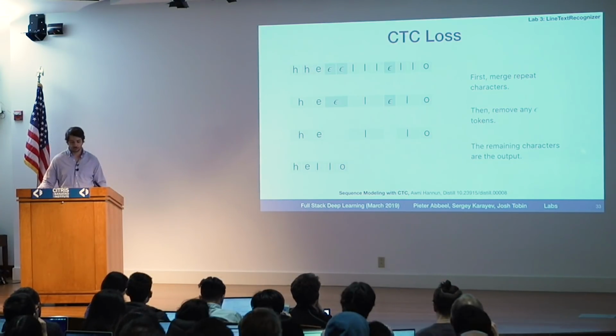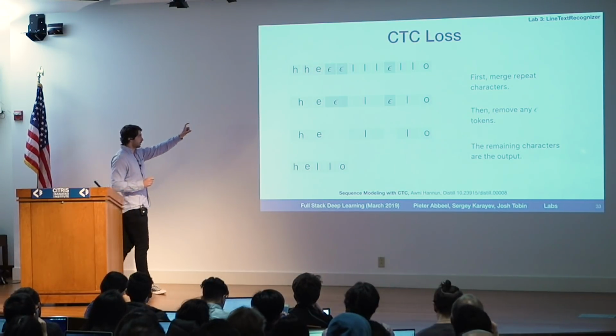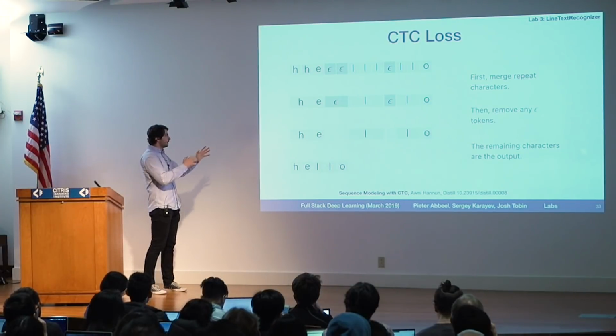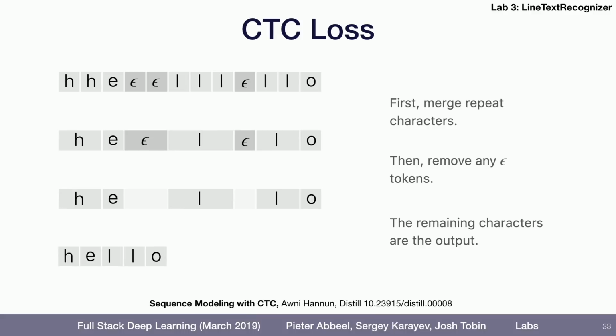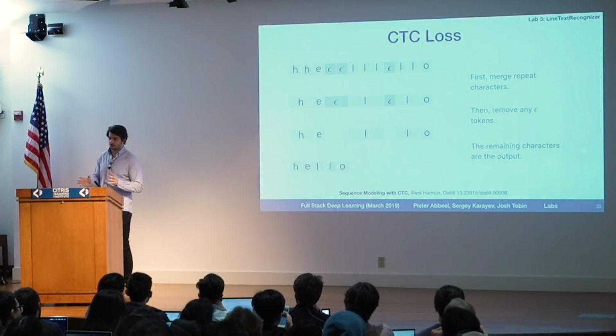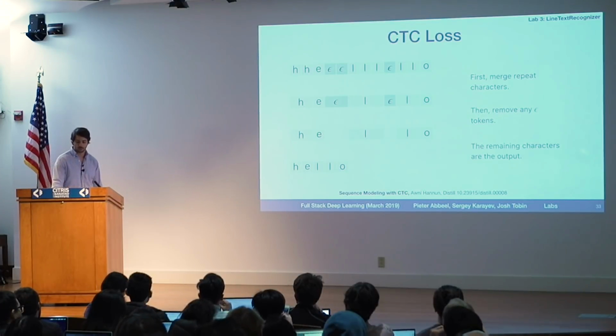Then our rule for turning this into a human interpretable word is, for all of the adjacent letters that are the same, we compress them into one letter. Same thing for the epsilons. And then we get rid of these epsilons. And so we can now have double letters because there's this epsilon between the first and the second L that doesn't get compressed when we turn this into one sentence.